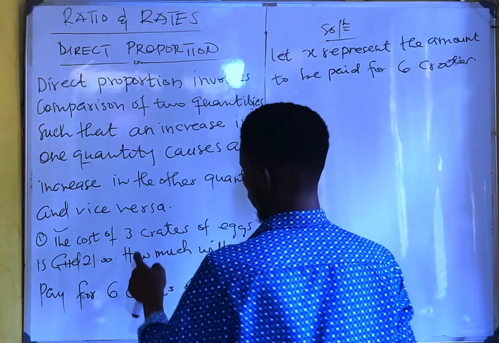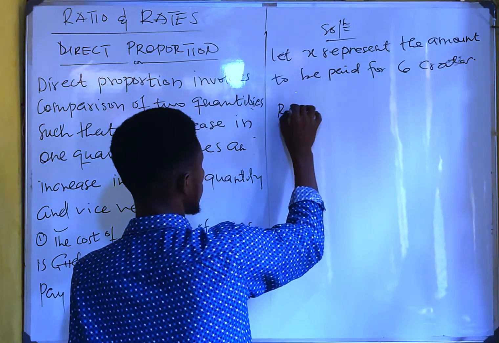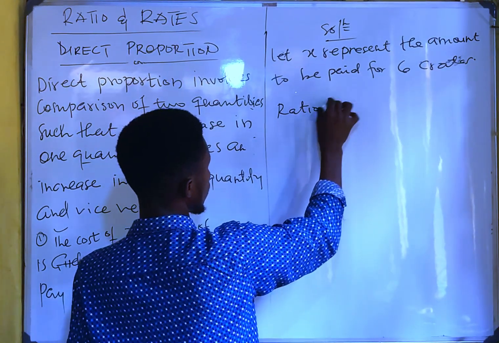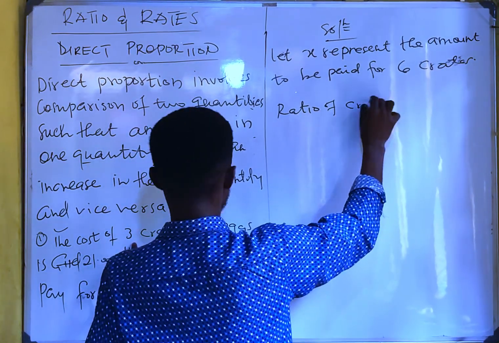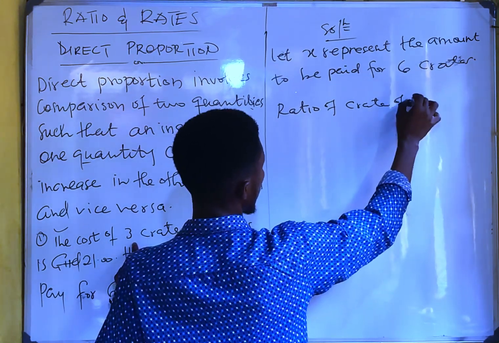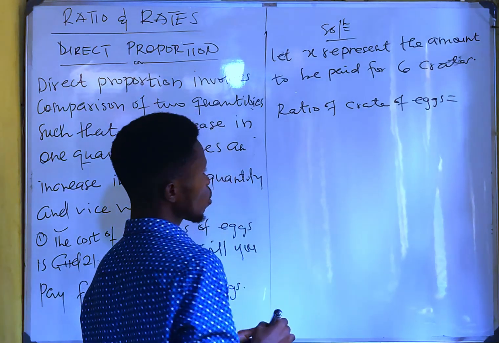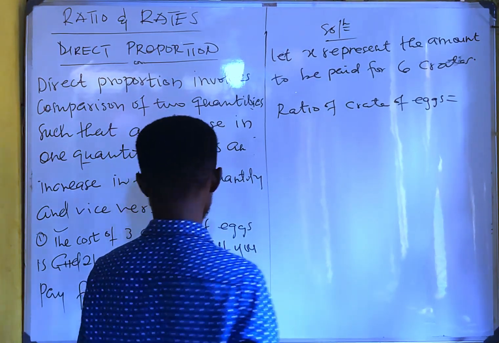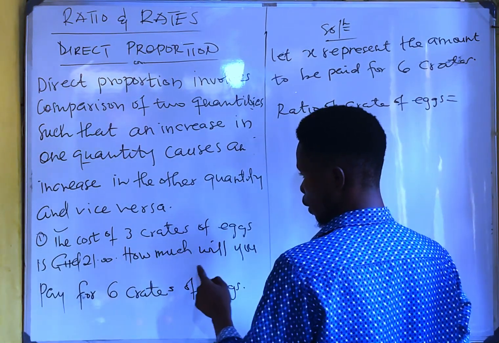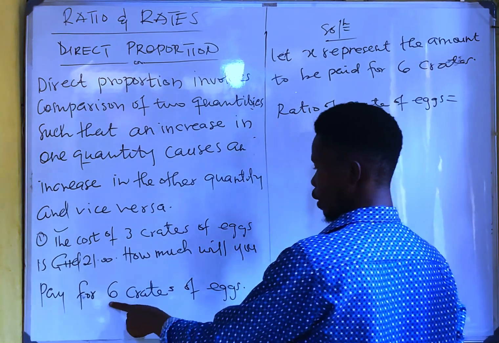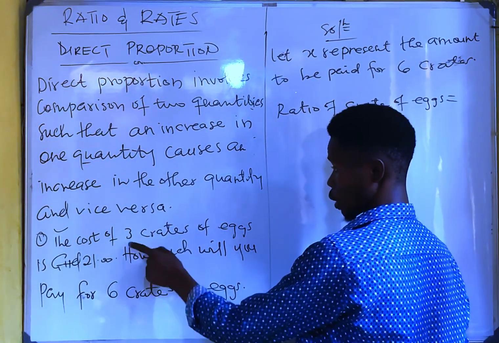Now first, let's look at the ratio of crates of X. Okay, so the ratio of crates of X is going to be 3 is to 6, because this is a crate of X, this is also a crate of X, and this one should come first.